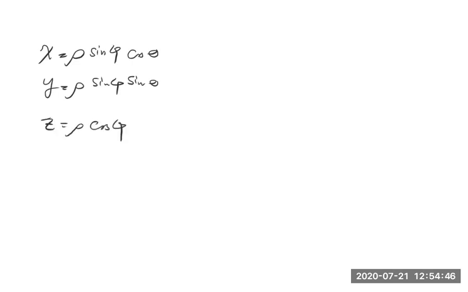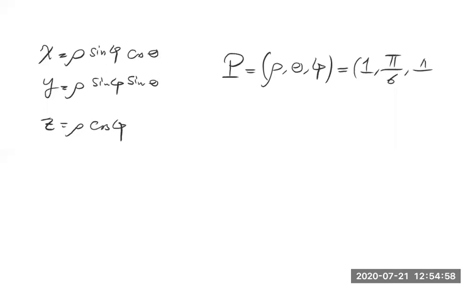Now, if a point P is given, and rho, theta and phi are equal to, say, 1, pi over 6, and pi over 4, we want to find the coordinates of P in the rectangular coordinate system.